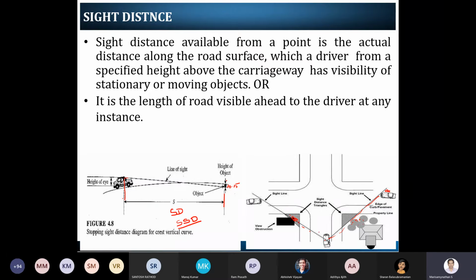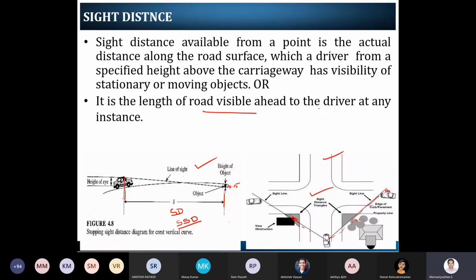So that is how we can explain the sight distance. And when you draw the triangle between these two lines, that is considered the sight distance triangle. It's just an explanation given with respect to junctions as well as the vertical curve. Another way, the basic definition is nothing but the length of the road visible ahead to the driver at any instant.